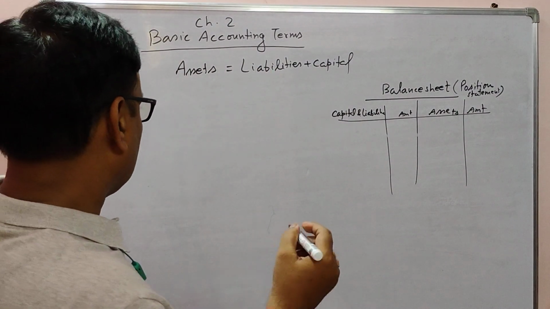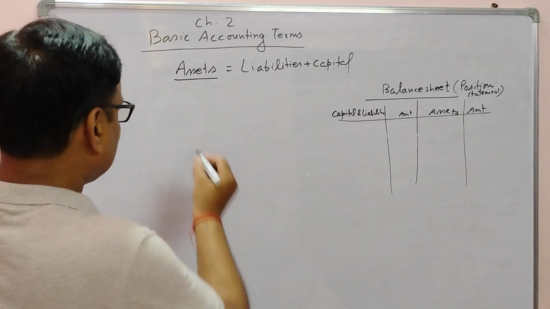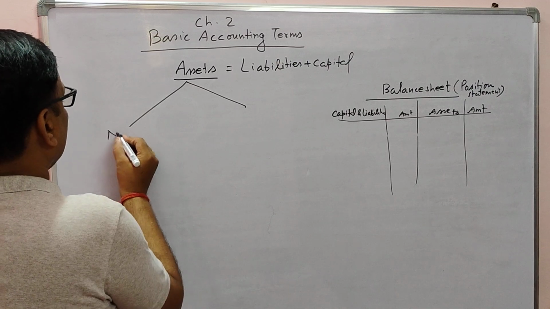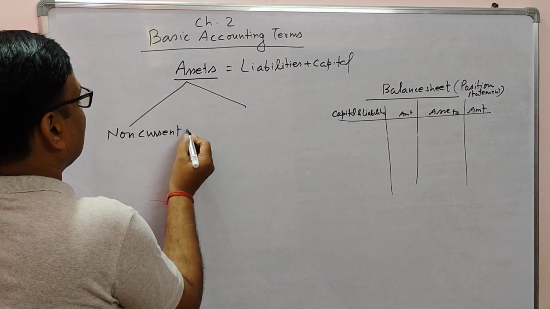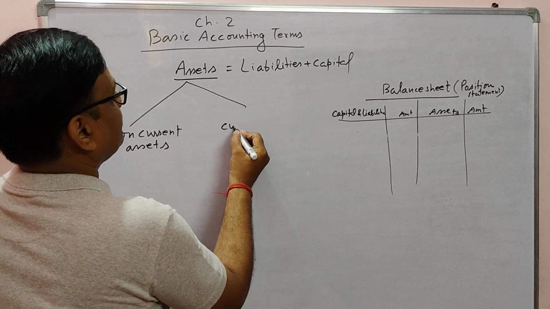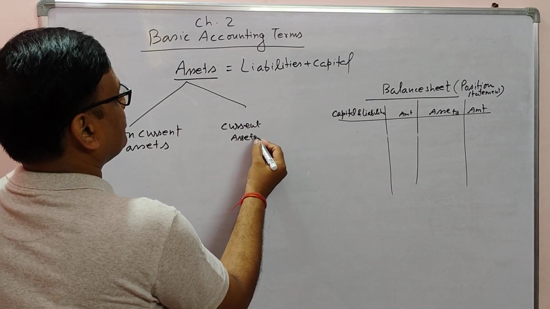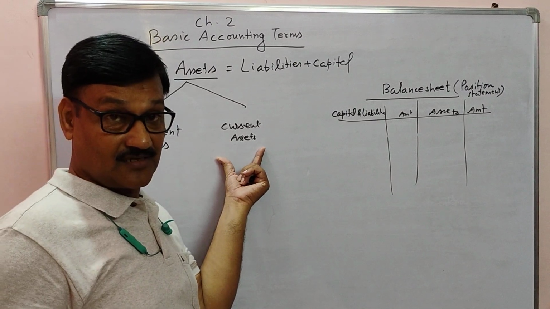This is how you can define assets. Assets are of different types. Non-current assets and current assets, two broad categories I am explaining. First of all, I will tell you what is current asset.